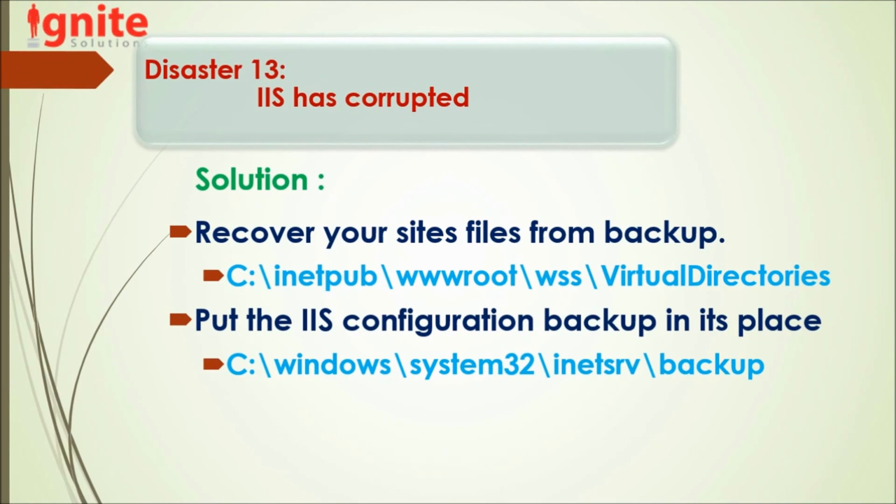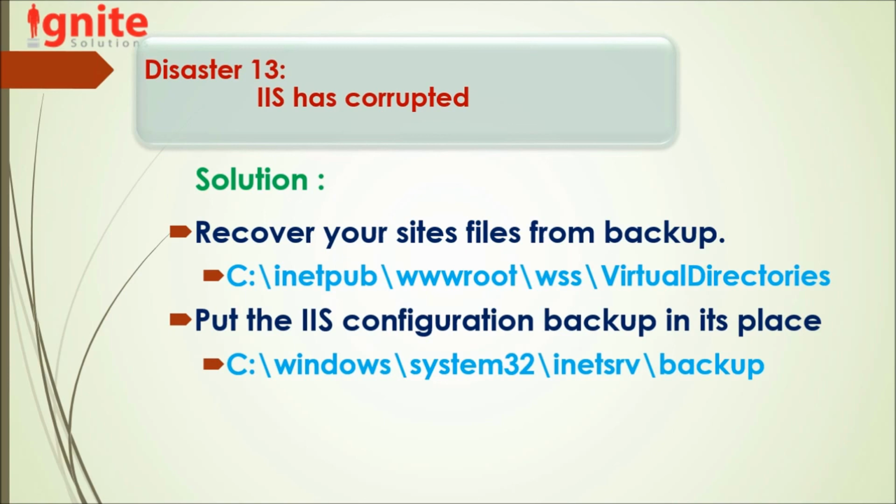Disaster number 13, and the last one I will show you in this section. IIS has corrupted. It is so simple, but when IIS fails, it means all your web applications won't work, even central administration. So what should you do to restore your IIS again, and not have to restore all your SharePoint configurations and databases all over again to create your IIS sites?